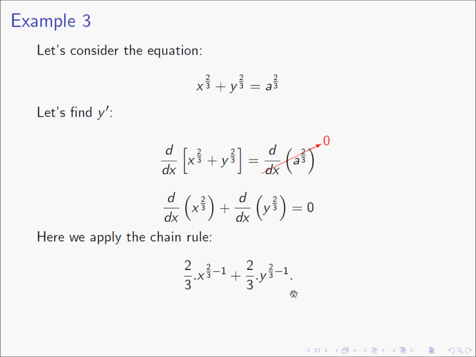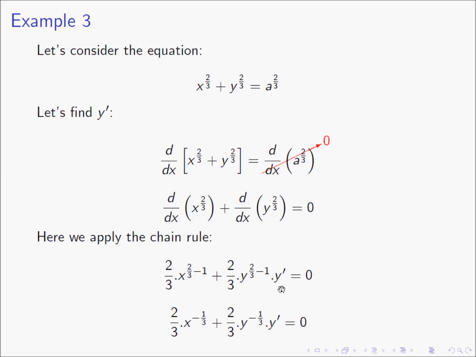That's the derivative of the outer function. Now we must multiply by the derivative of the inner function. The inner function is y, so its derivative is y prime. So we have this equation here.